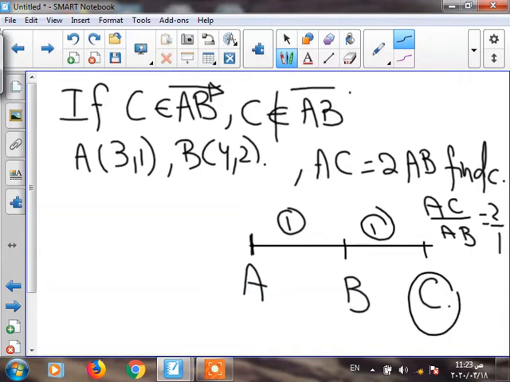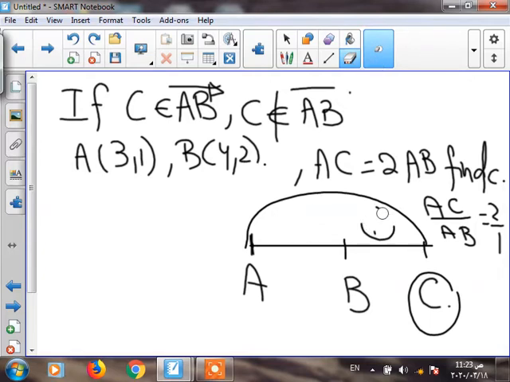So CA is going to be 2, and CB will be 1.